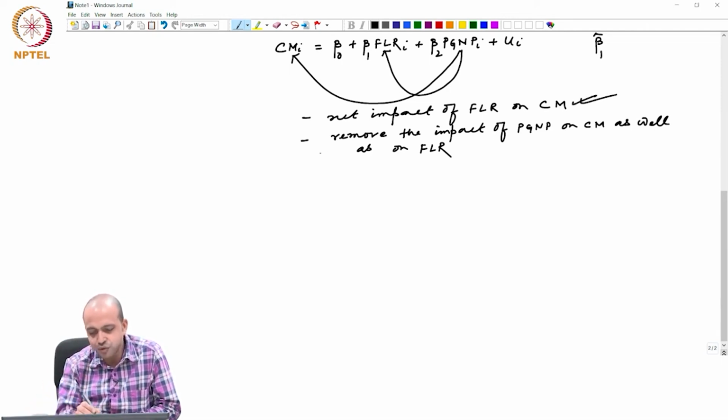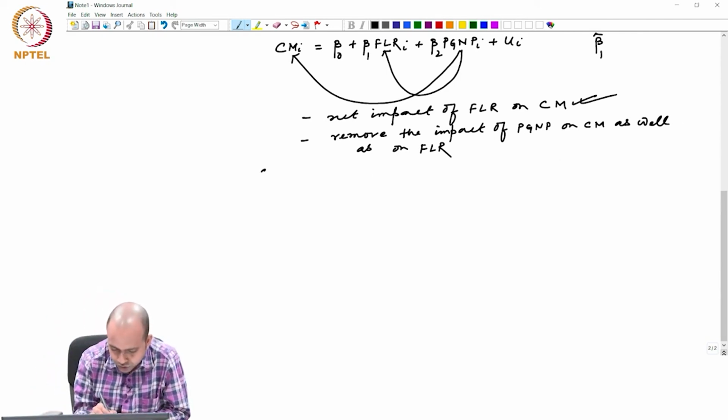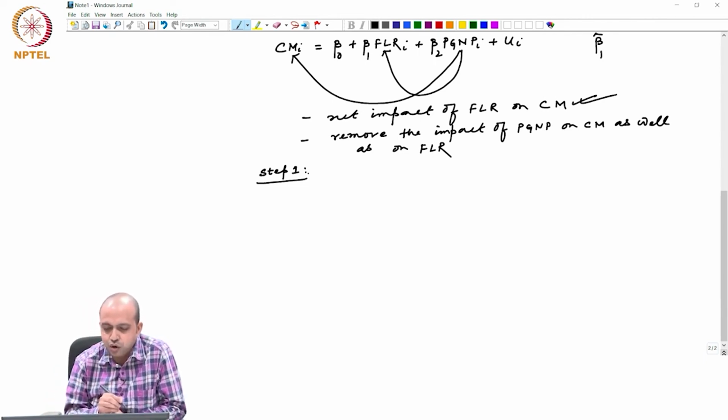And to achieve that, we need to remove the impact of PGNP on CM as well as on FLR. How to do this? So, step 1. To remove the impact of PGNP on CM, what do we actually do?